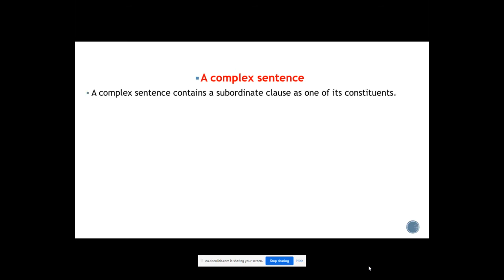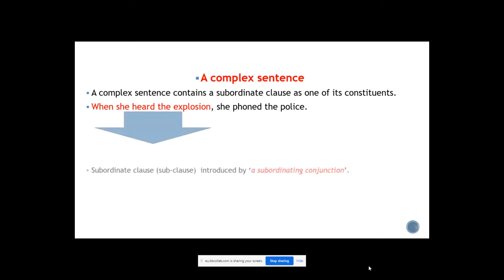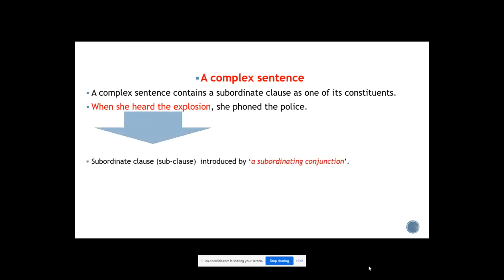If we move on to complex sentences, in complex sentences, we have at least one subordinated clause as one of its constituents. And actually, the determining factor that makes a sentence complex is that you have one subordinated clause. So, when she heard the explosion, this is the subordinated clause, she phoned the police. So this is a subordinated clause introduced by a subordinating conjunction.